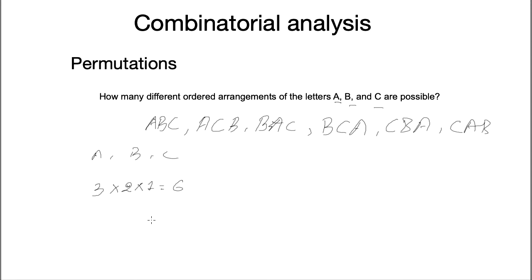And even if we have more than 3 elements, for example 5 letters A, B, C, D, E, or even some numbers, for example 1, 2, 3, 4, 5, and we want to know how many different ordered arrangements we can get from these items, it is easy: take the number of items and multiply it by the remaining items, and by the remaining items after that, down to the last one.